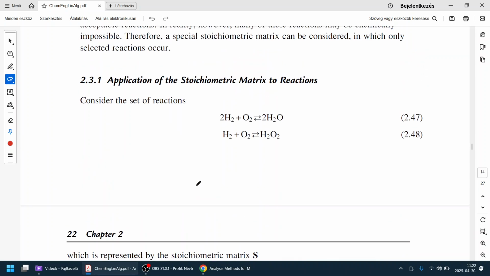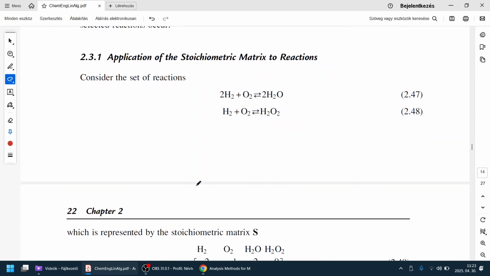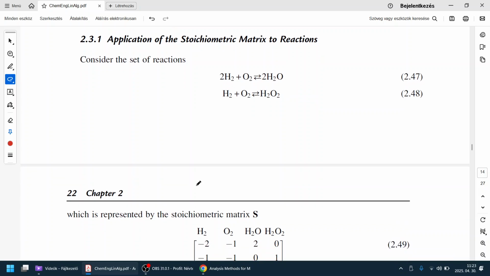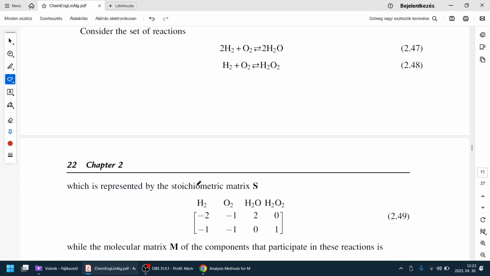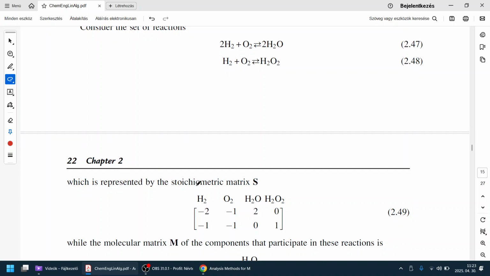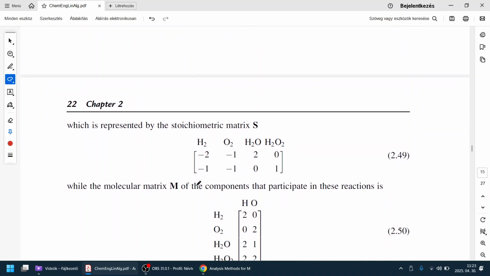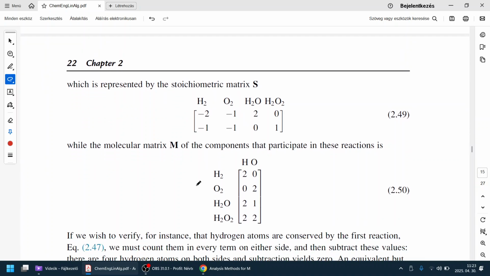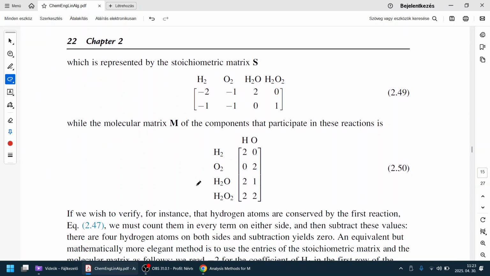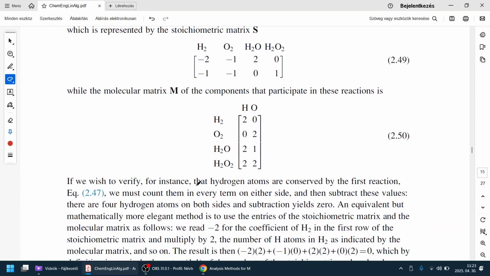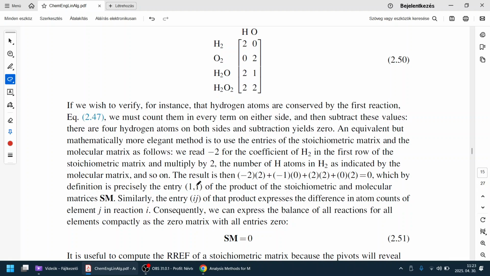Okay. This seems to be the same. I think they want to describe somehow bonds or something like this.